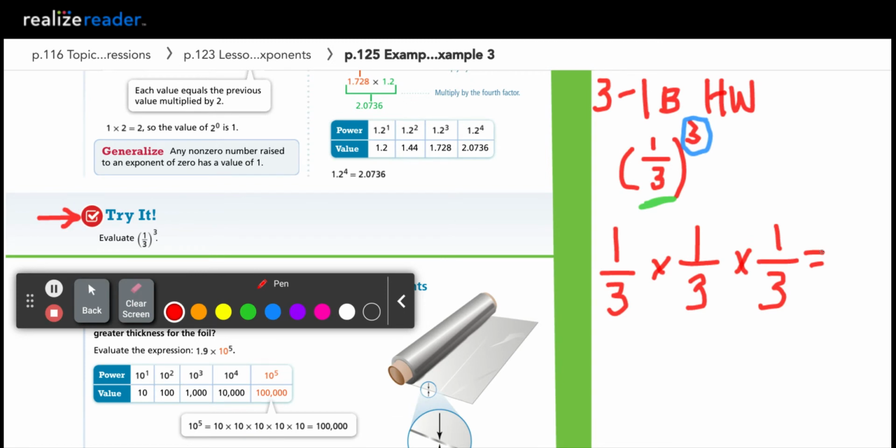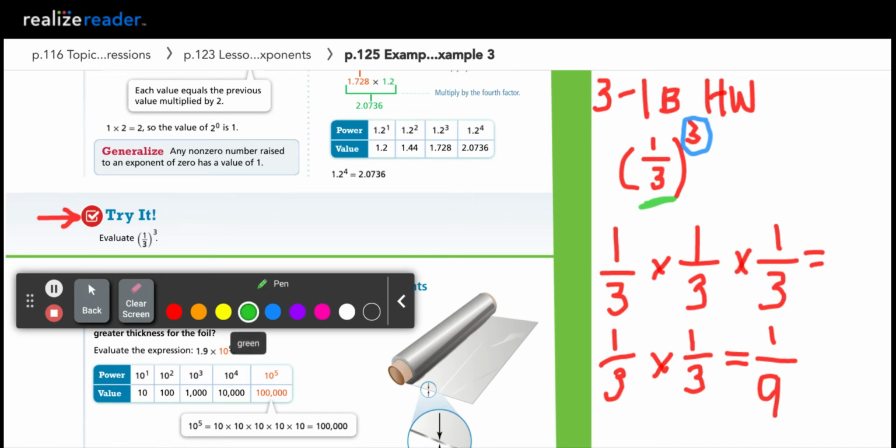So now let's think about what this means. 1/3 times 1/3 times 1/3. Well, if we just had 1/3 times 1/3, when we multiply fractions, we multiply the numerators straight across. 1 times 1 is 1. Denominator times denominator, 3 times 3 is 9. So 1/3 times 1/3 would be 1/9. Okay, so that took care of this.